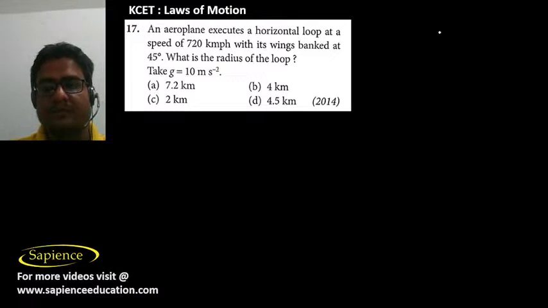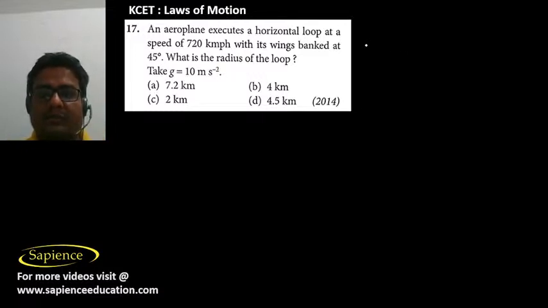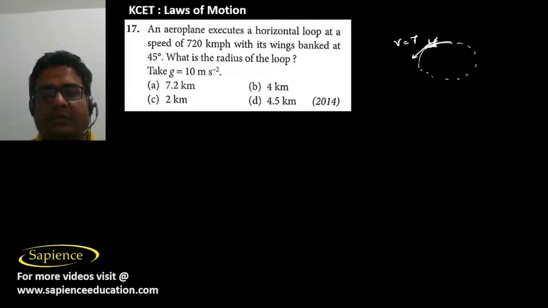Okay, so then an aeroplane executes a horizontal loop at a speed of 720 kilometer per hour, with its wings banked at 45 degree.